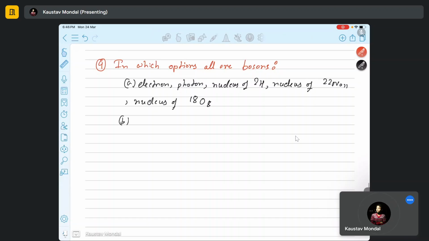Option B is proton, nucleus of sodium, nucleus of hydrogen, nucleus of oxygen.